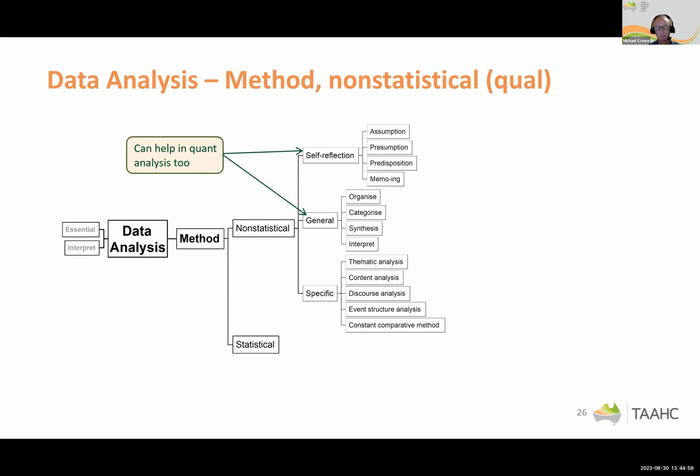It looks more at... sorry, I can't describe it at the moment, it's lost. But there's just different ways of looking at data. Constant comparative method is something in qualitative that has become more used as well. It's constantly comparing what you have done already to what you collect and looping back up and down the chain.